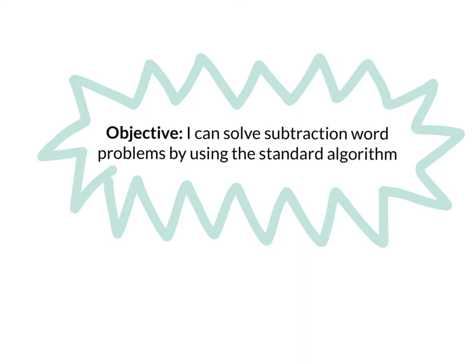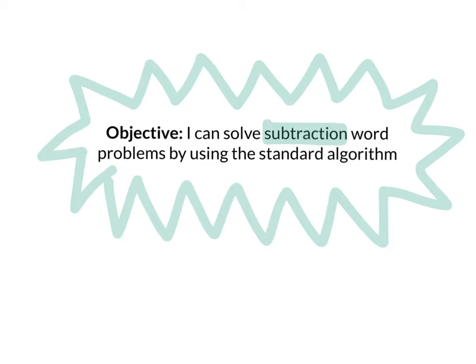Today's objective is I can solve subtraction word problems by using the standard algorithm. So two really important things here. We are subtracting. A strategy that we have already used to subtract is by drawing base 10 pictures in a place value chart.